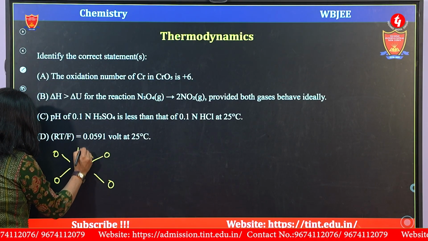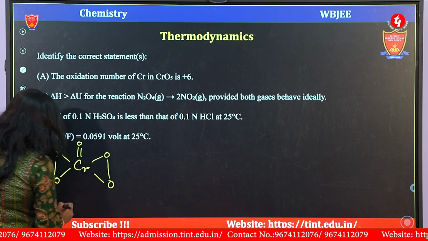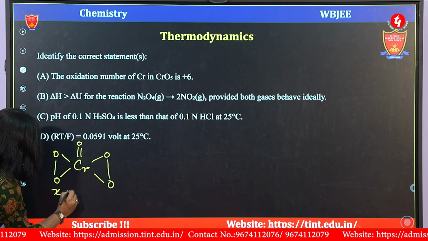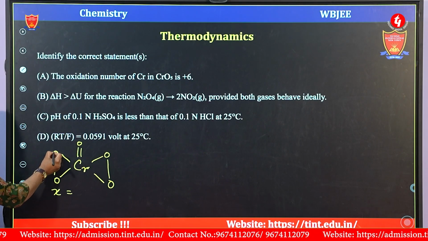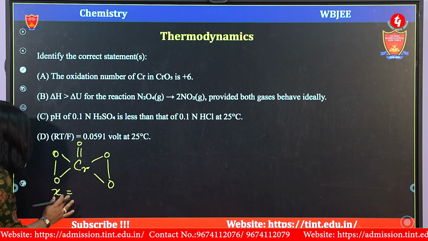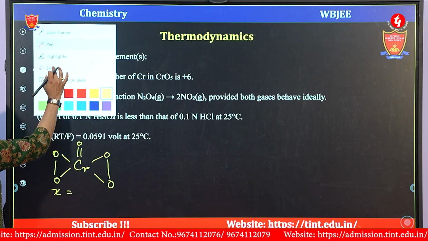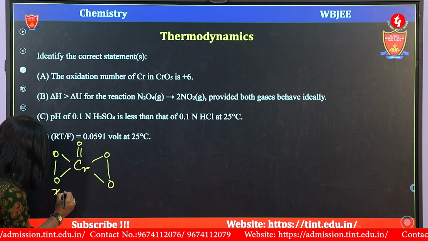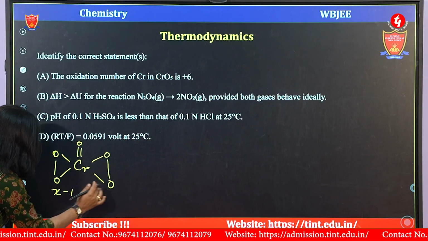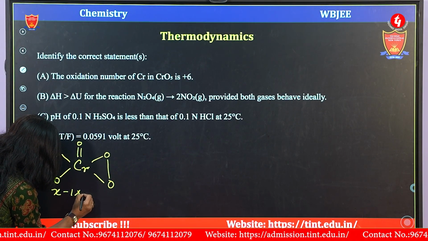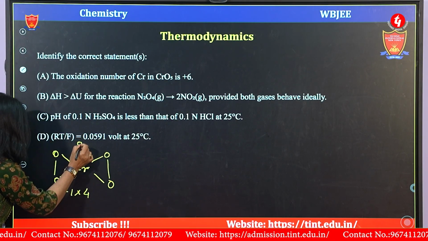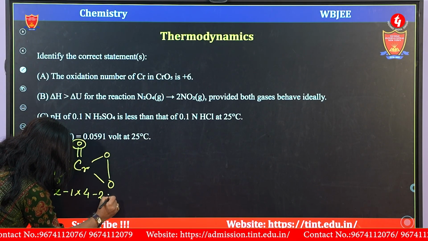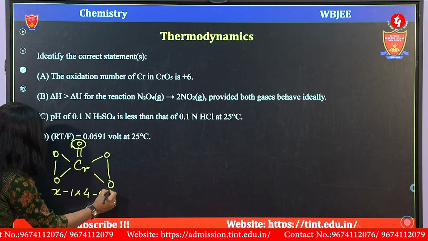Suppose the oxidation number of chromium is X. The four O's having -1 each give -1 into 4, and the double bonded O gives -2 into 1.